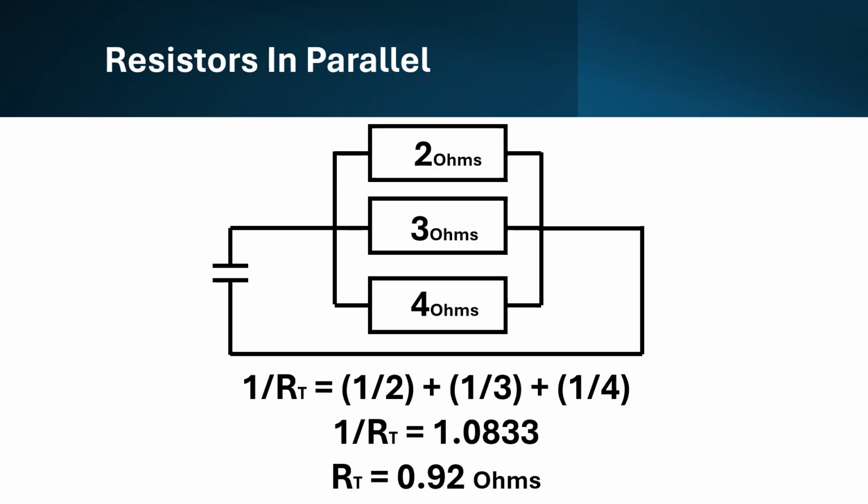So in this example with resistors of 2, 3, and 4 ohms, 1 over the total resistance equals 1.0833. Then if you flip it, you have 1 over 1.0833, and you're left with a total resistance of 0.92 ohms.